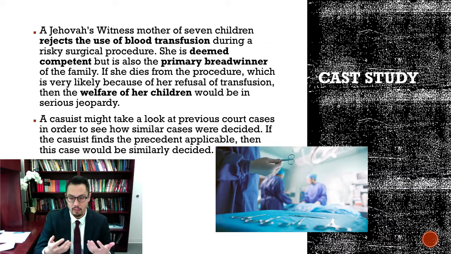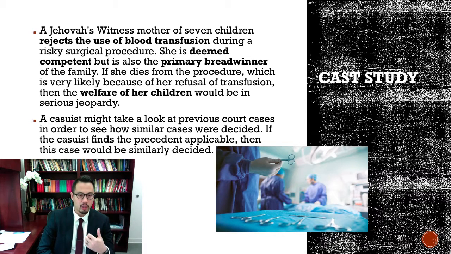So take a look at the case in the reading assignment. A Jehovah's Witness, mother of 7, decided to reject the use of blood transfusion during a risky surgical procedure. As you know, Jehovah's Witnesses do not believe in blood transfusions for theological reasons.